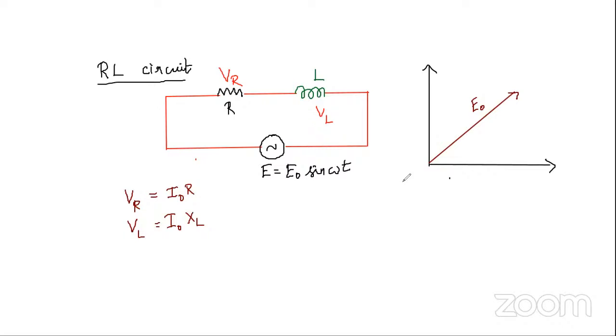So that means when you have your I naught along the x-axis, your VR is also along the x-axis, because VR and I naught are in phase. But we know very well this VL actually leads current by pi by 2. That means this VL can be represented along this direction.